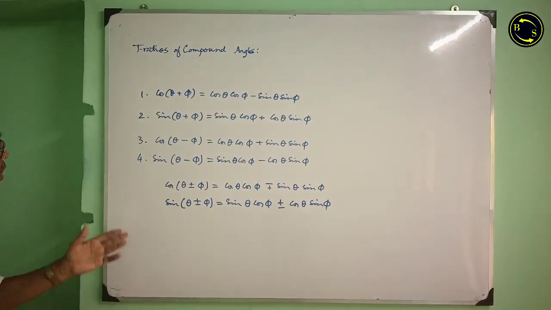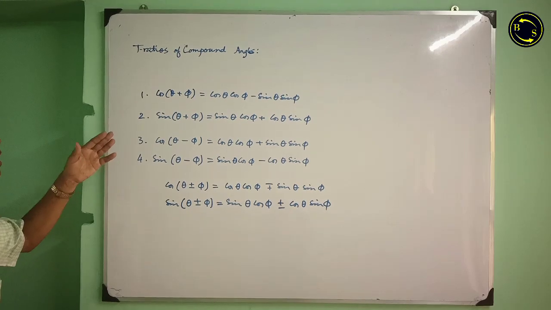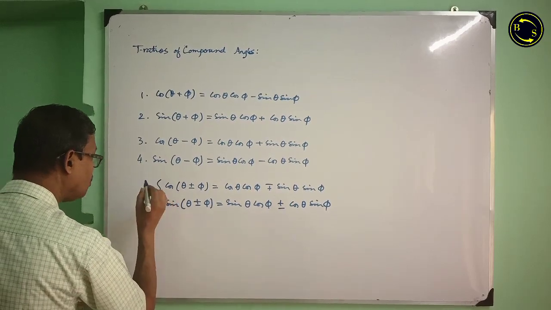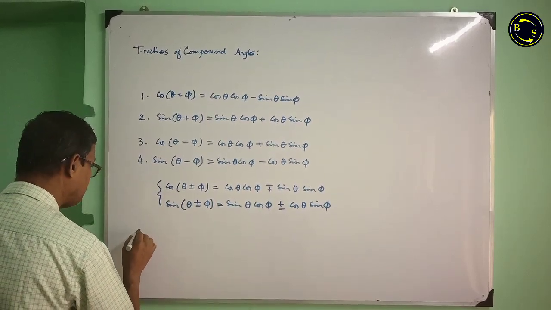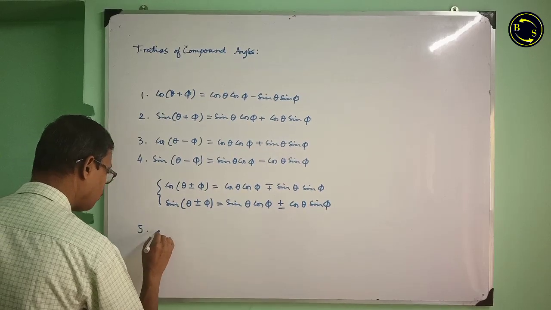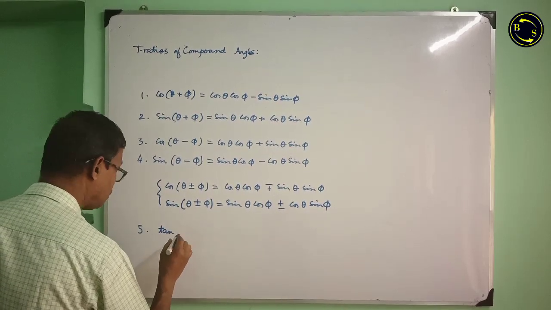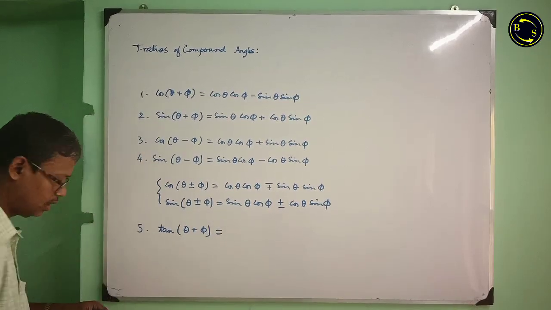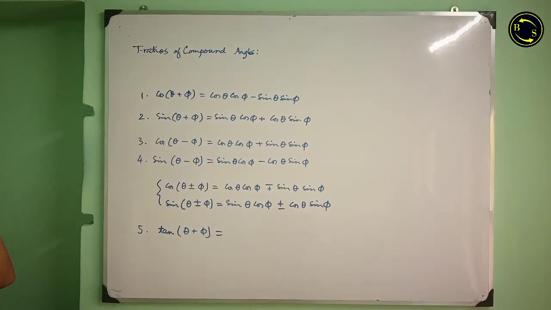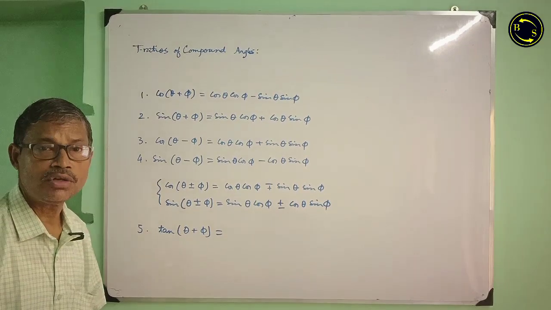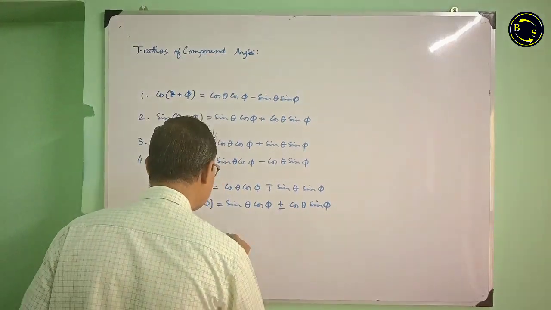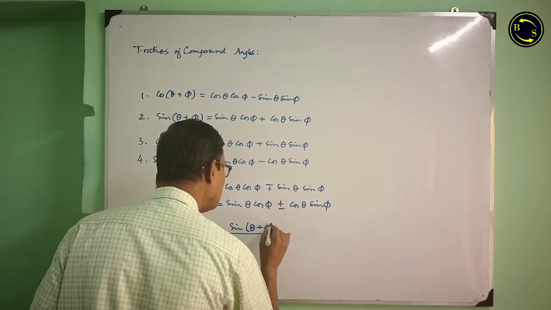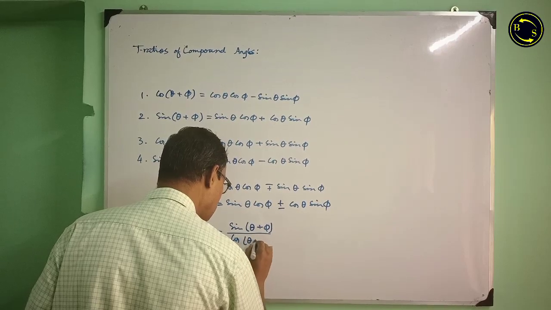Now, after deduction of sine of theta plus phi and cos of theta plus phi, we can now reduce tan of theta plus phi. That is not geometrical, of course. Tan of theta plus phi, according to the formula tan theta is equal to sine theta by cos theta, we can apply here sine of theta plus phi divided by cos of theta plus phi.